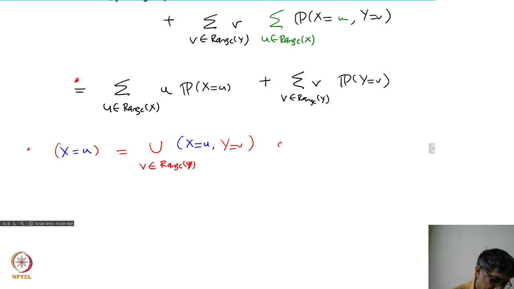And the reverse is true, right? That is, if you take y equal to v, that's the same as the event where you take the union over all possible u in the range of x, of x equal to u and y equal to v.